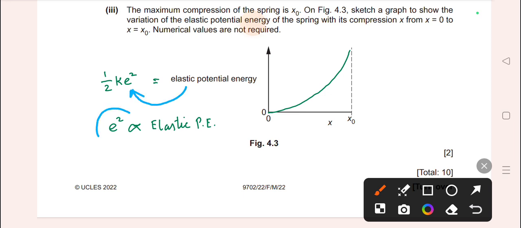And when there is a square, we get a parabolic, curved graph. When there is power 1, we get a straight line. So a square always gives you an upward curved graph, a positive parabola. If it was on both sides, it would have been like that. But for only the positive side, it will be like this, right?